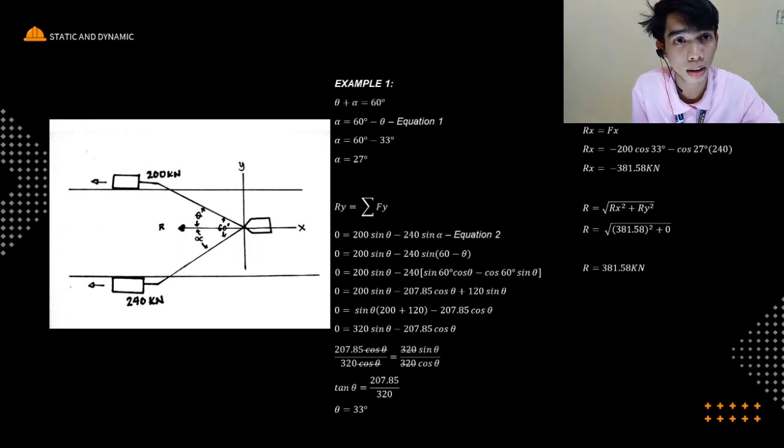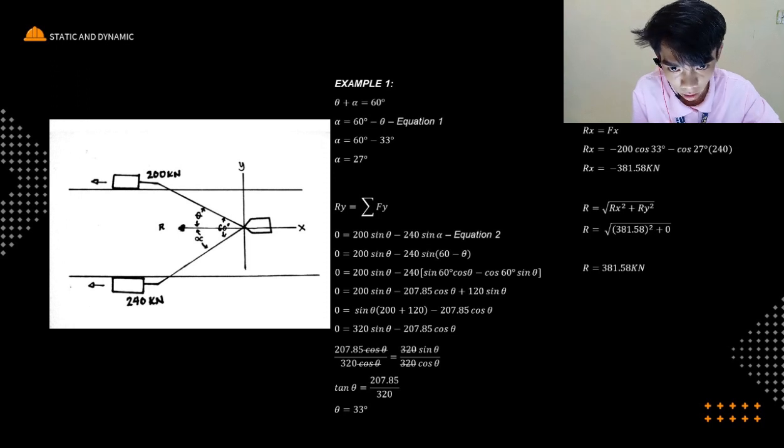Bale, ito na yung magiging equation 2 natin. So, i-sub natin yung value ng sin alpha, which is 60 degrees minus theta. So, 200 sin theta minus 240 times sin 60 cosine theta minus cosine 60 sin theta.